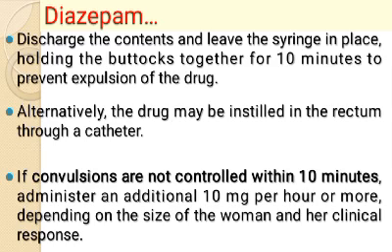Alternatively, the drug may be instilled in the rectum through a catheter. If convulsions are not controlled within 10 minutes, administer an additional 10 mg per hour or more, depending on the size of the woman and her clinical response.